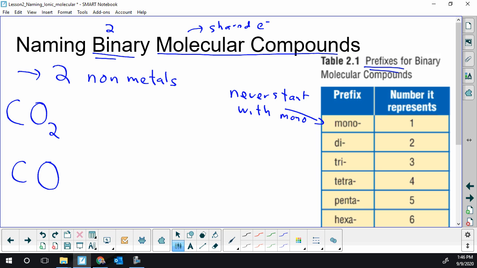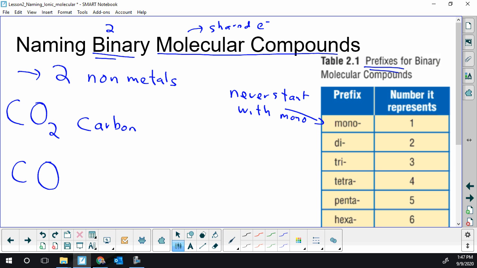Or if you have a question and there's no prefix at the beginning, you realize there's just one of them. And that's what we have here. We've got carbon, there's just one of them. So we write the carbon exactly as it would be in our periodic table. We don't put a prefix because there's one of them and we don't start with mono.